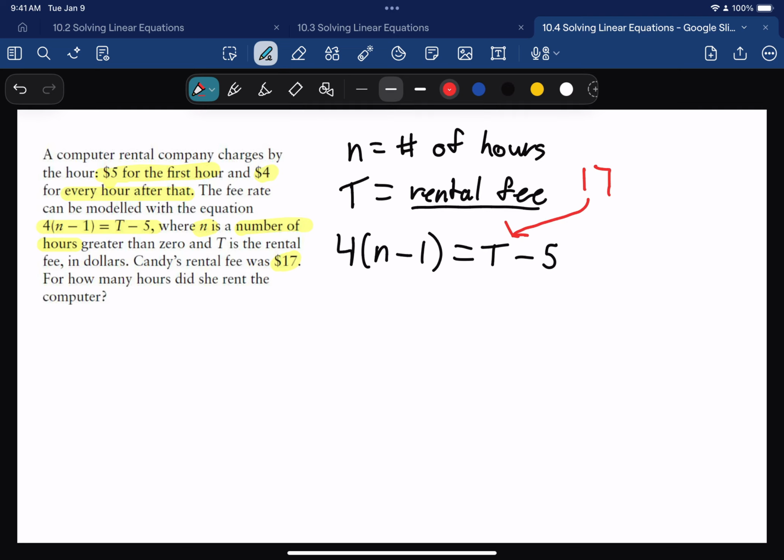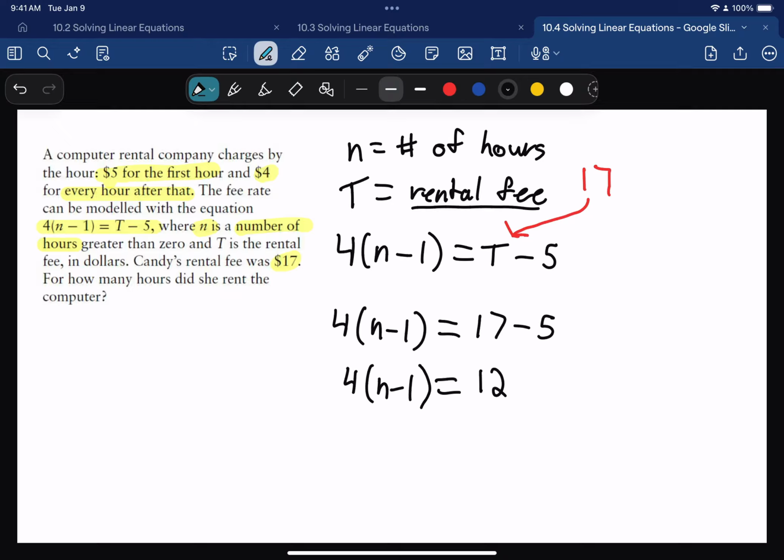Let's rewrite our equation: 4n minus 1 equals 17 minus 5. 17 minus 5 is 12. So now we have 12 on this side, and 4n minus 1.